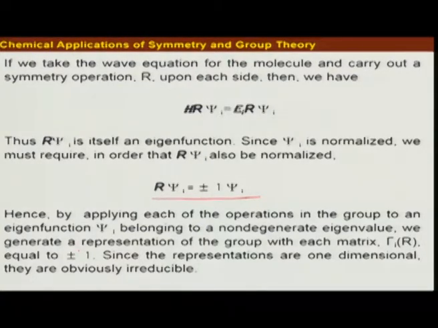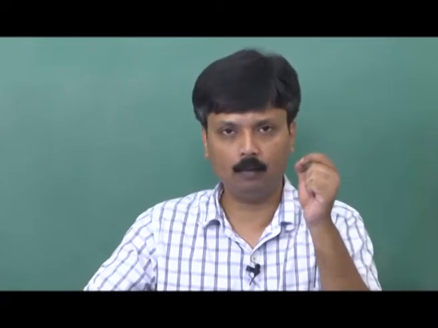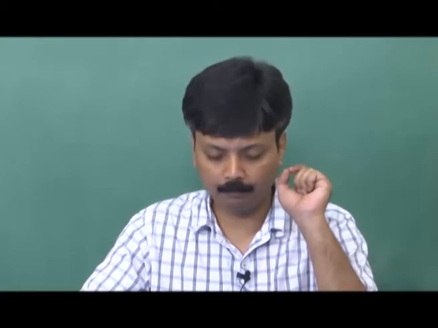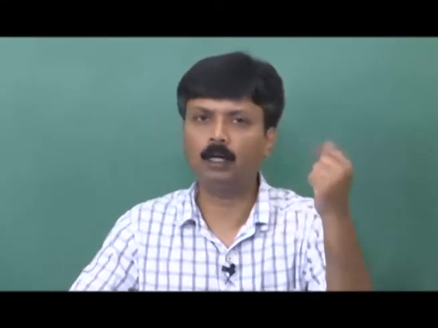Now we have just seen that R psi i equals plus or minus psi i. That means the eigenvalue is plus or minus 1. Therefore the elements of this representation gamma i of any given symmetry operation will be equal to either plus 1 or minus 1. So the overall representation that I will get for the point group, taking psi i as my basis, will have characters which are only unity, either plus 1 or minus 1.